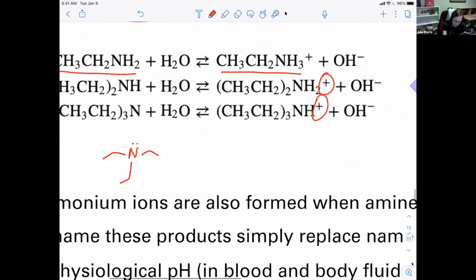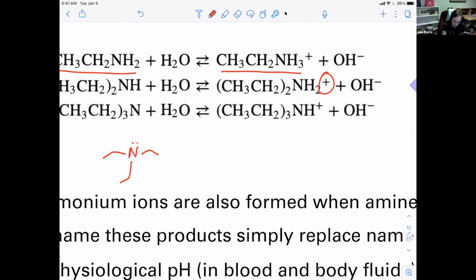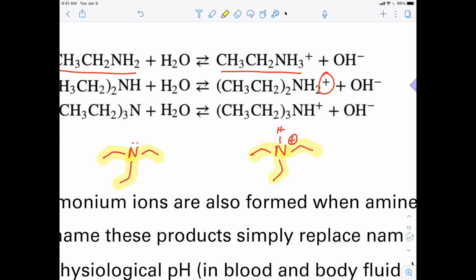And all that I have over here is a nitrogen with 3 ethyl groups and a hydrogen and a plus charge. So what that tells me is that none of this part of my compound changed. I just added something. All this is the same. What did we add? The plus charge and the hydrogen.